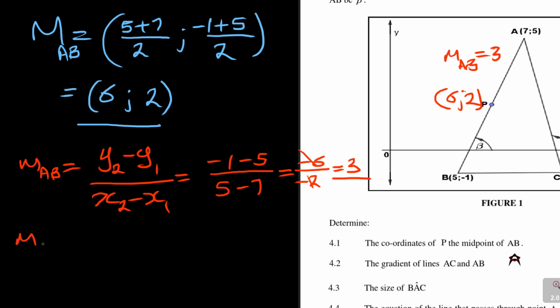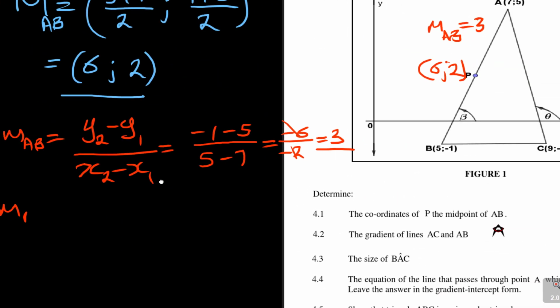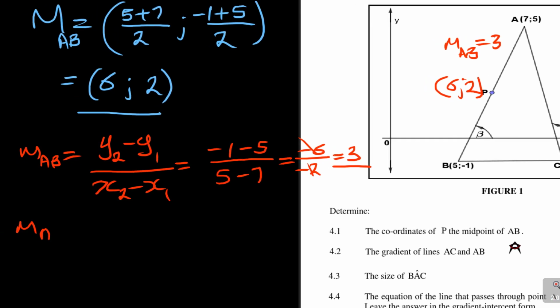Now, they said the gradient of AB and AC. Let's do AC now. This time I'm not going to bother writing down the formula.